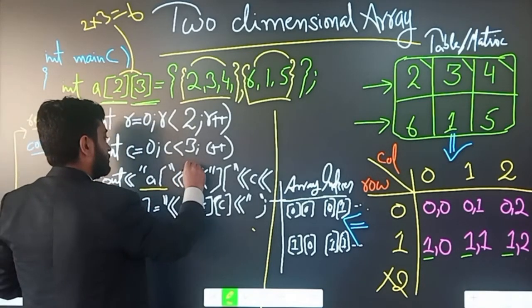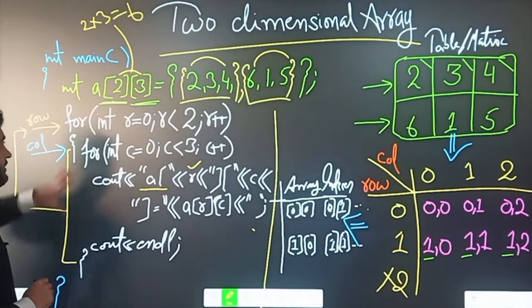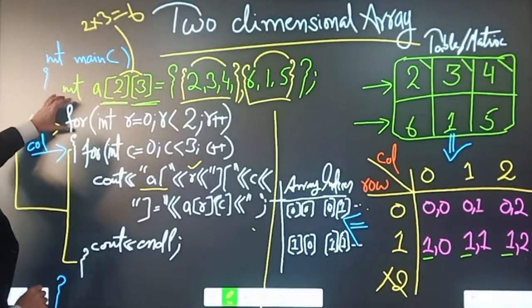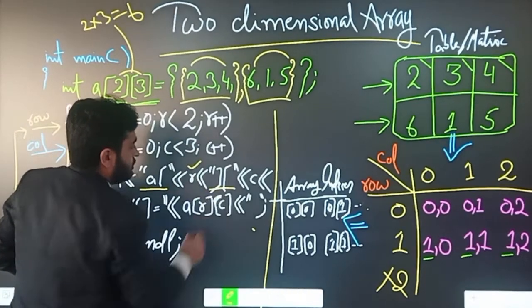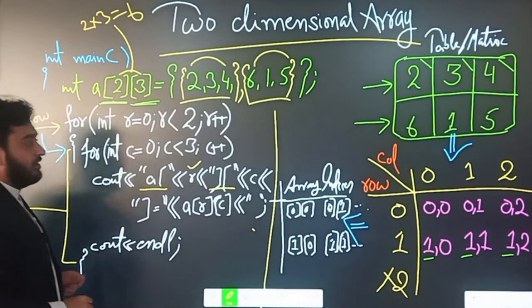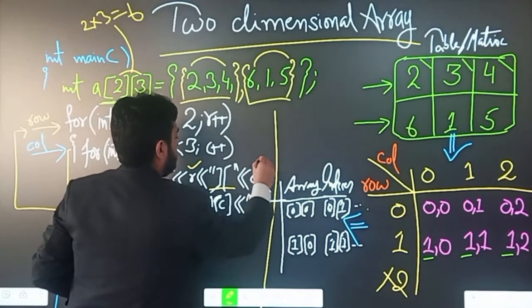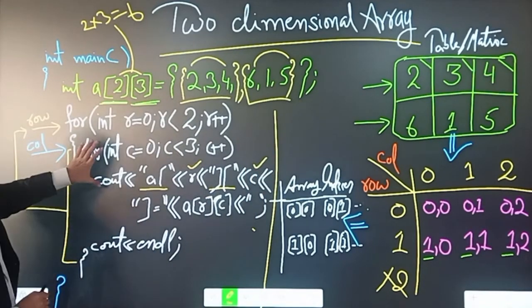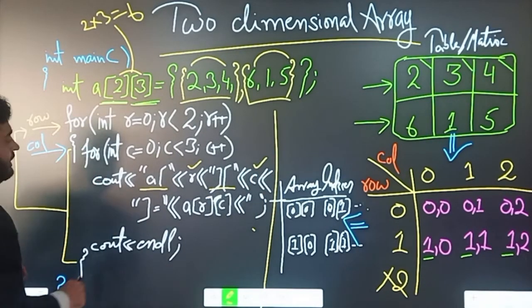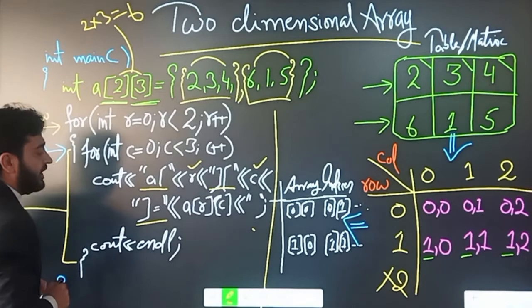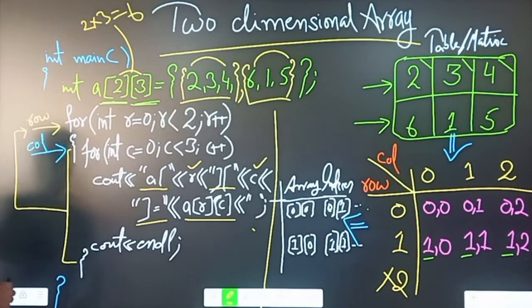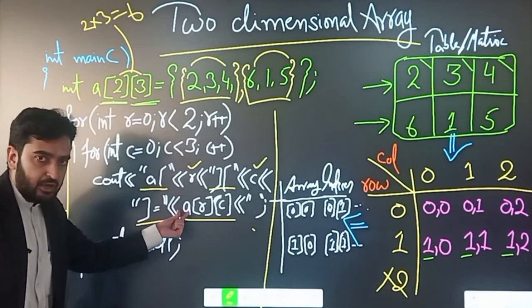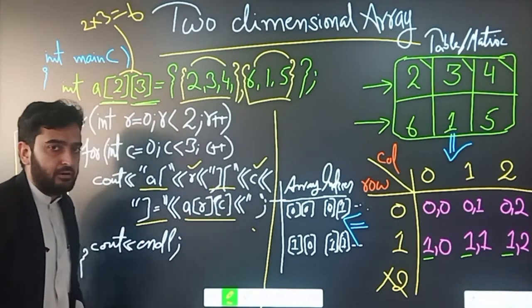Then we are going to print the value of r, in the first iteration of the outer loop. Then we are printing square brackets on the screen. Then we are printing c for the inner loop, and then we are printing as it is square bracket and equal sign, and then we are using the name of the array with indices numbers.